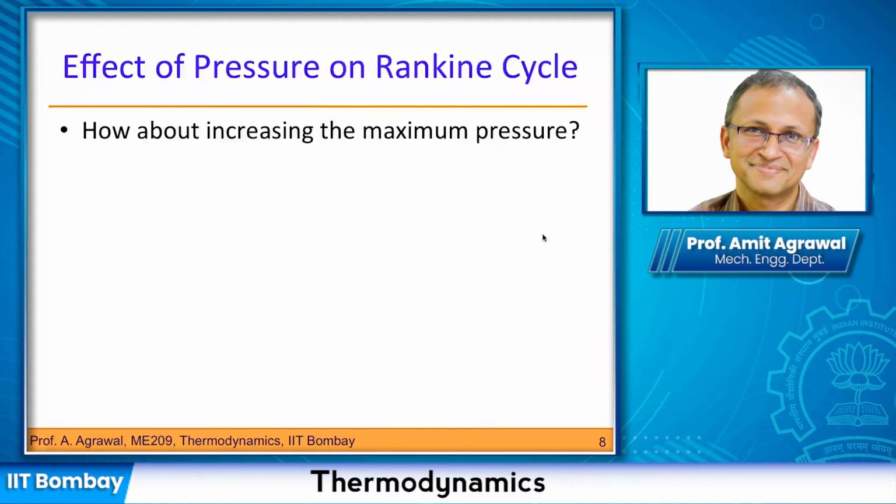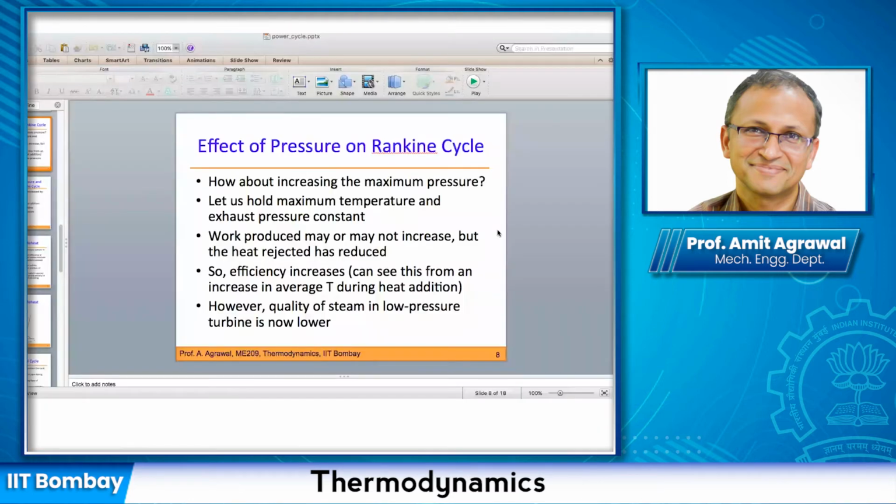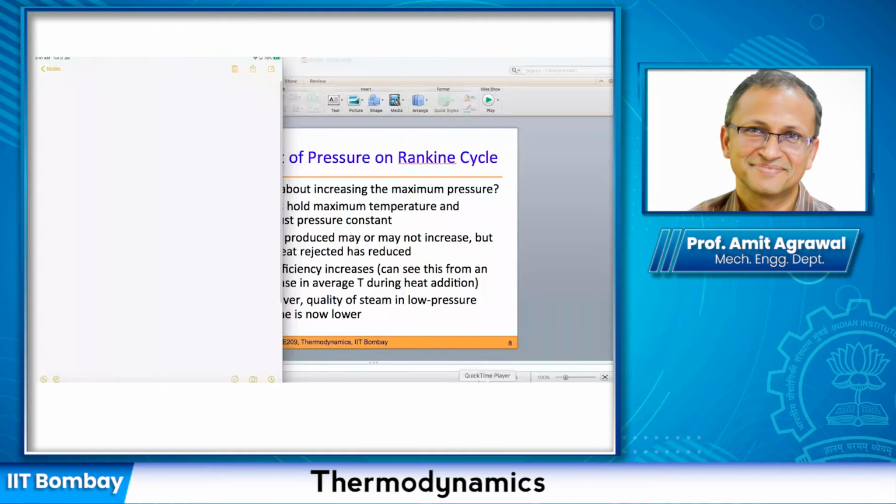So now we can see what would happen if we were to increase the pressure. Let me try to illustrate it through here. So let us say that this is our pressure level. This is how we are operating.